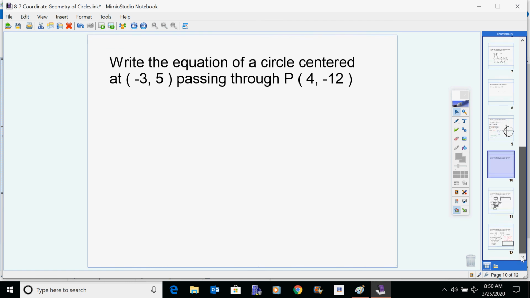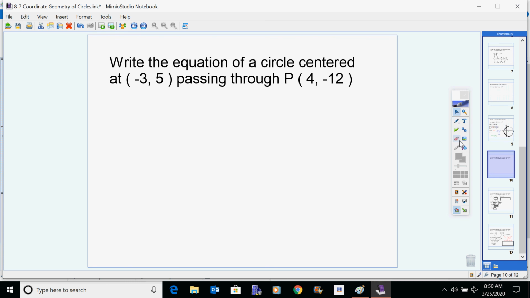Now, you know from your past history in Algebra 1, you were supposed to write equations y = mx + b in order to do an equation of a line. You might be given a slope and a point, and then you were supposed to write an equation, and we reviewed that earlier in the year.